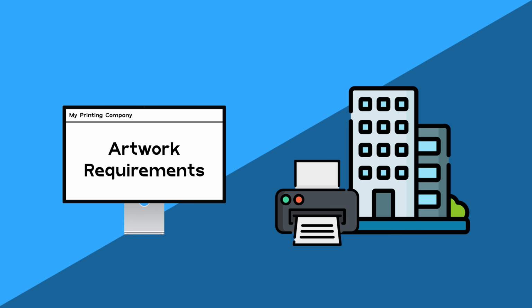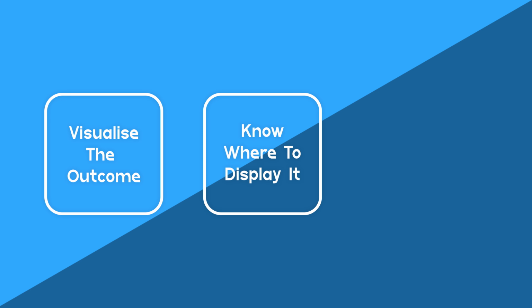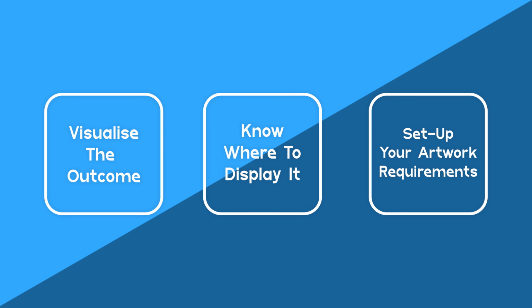Obviously, you should do research and compare costs of printing at specific companies to determine which one can serve you best. But the overall lesson here is to visualize the outcome of your project, understand where it will be displayed, and then play by the rules of those particular standards.